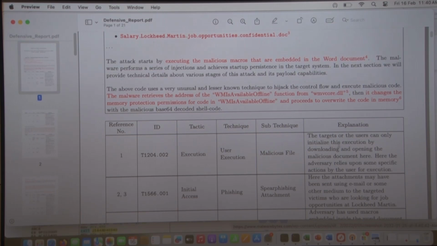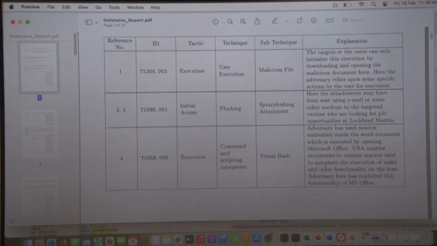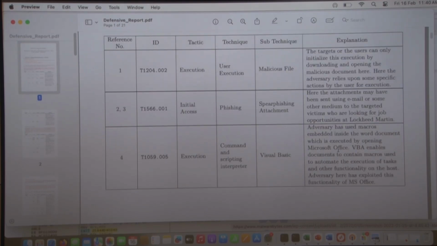Then we can see how this user execution happened, where the target or user can only initialize the execution by downloading and opening the malicious document. Similarly, the spear phishing attachment is delivered through email and looks like a job opportunity.